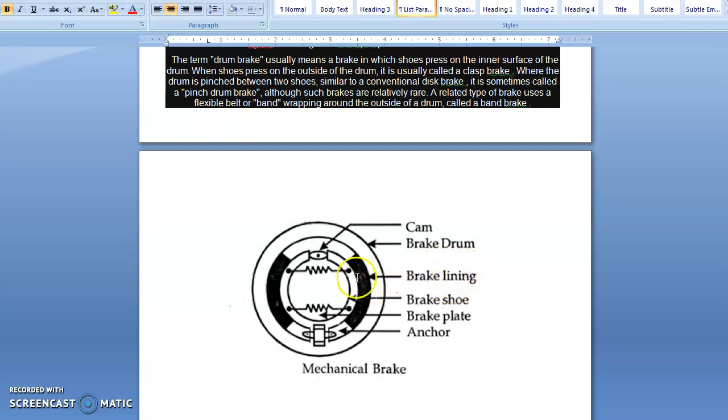Both brake shoes are separated by a retracting spring, and in the lower part we have an anchor pin.